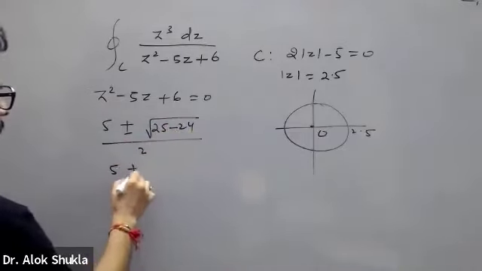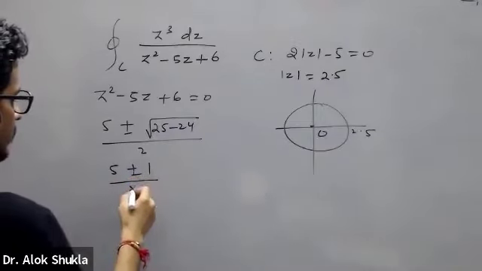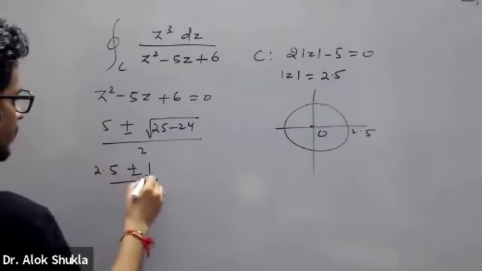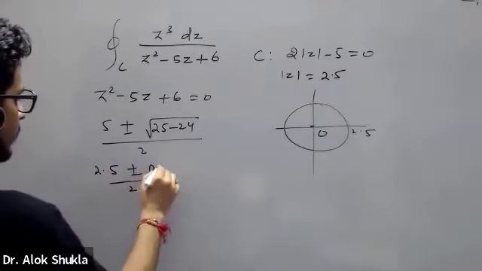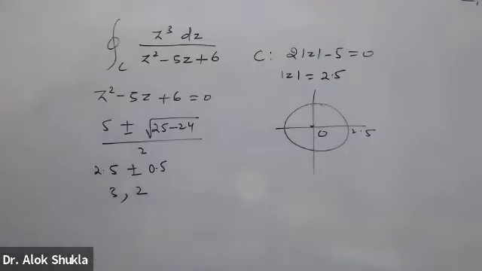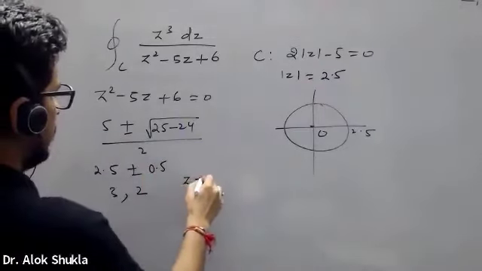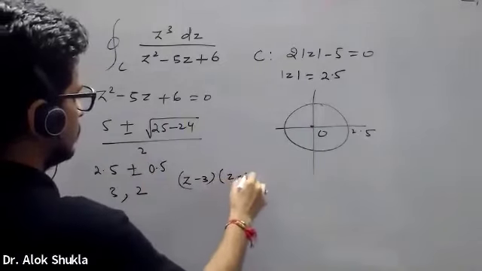So it will be 5 plus minus 1 by 2. Okay, so it is 2.5 plus minus 0.5. So it is 3 and 2. You could have written it by splitting the middle term also. So it will just become (z minus 3)(z minus 2).